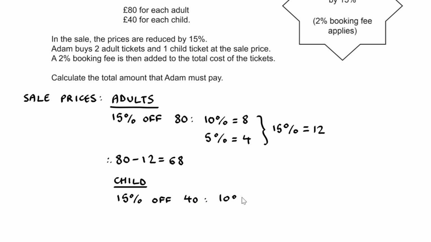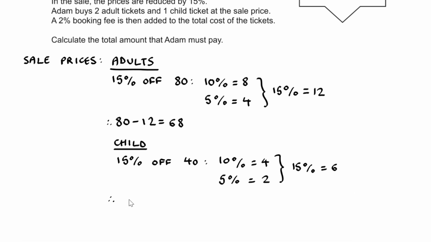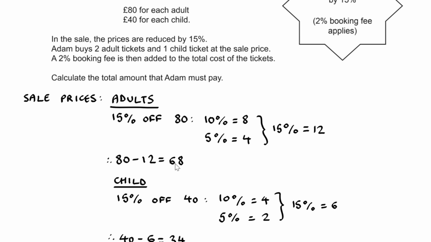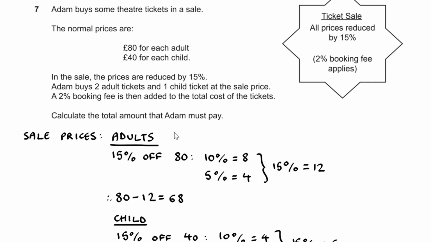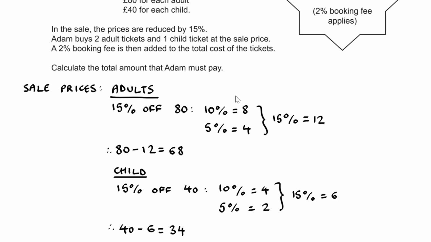Well, 10%, that will be 4. 5% therefore is equal to 2, and therefore 15% is equal to 6, and therefore the price of a child ticket is 40 take away 6, which is 34. So therefore it costs £68 per adult ticket and £34 per child ticket, and he buys 2 adult tickets and 1 child ticket at the sale price.